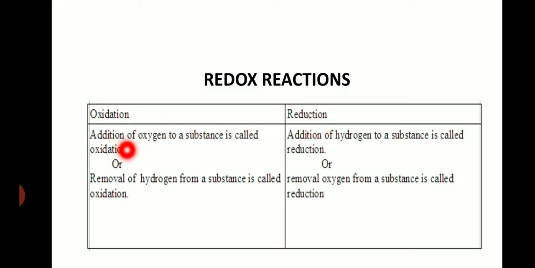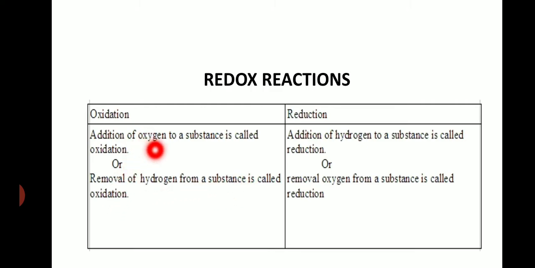What is oxidation? Oxidation is the addition of oxygen to a substance. Whenever we find an addition of oxygen to a substance, we call such reaction oxidation. Otherwise, we can explain with hydrogen. Whenever we see a removal of hydrogen from a substance, it is also called oxidation reaction.